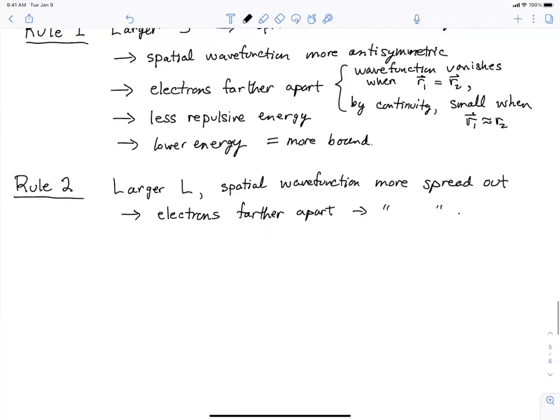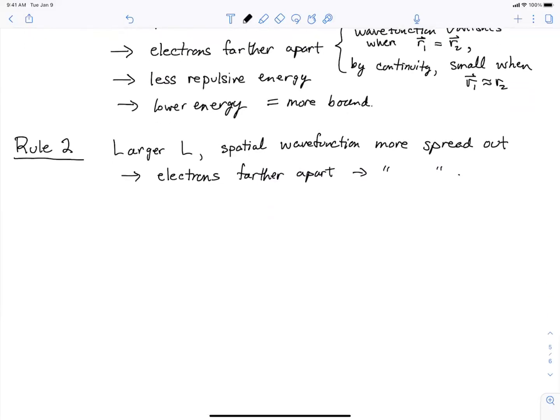So another way you can think about this is, we're going to do a very classical picture of our electrons orbiting around the nucleus, which of course is completely wrong, but you can think of this as more of a mnemonic rather than a real physics argument. But suppose I have two electrons and they're orbiting around, and let's say they're orbiting around in the same direction around my nucleus.